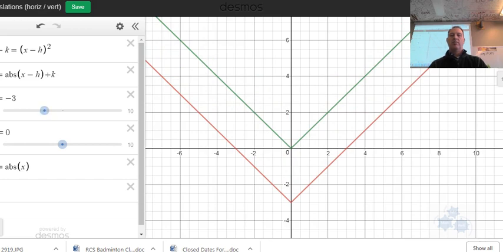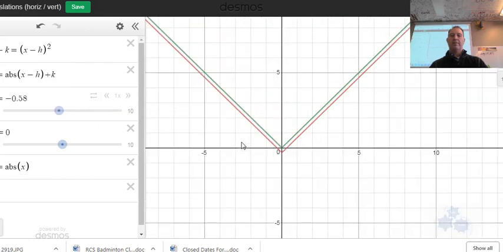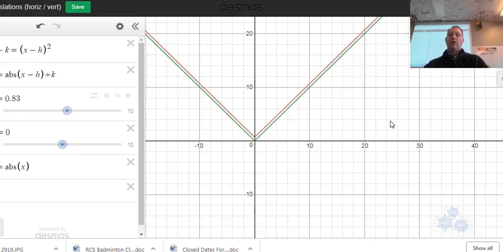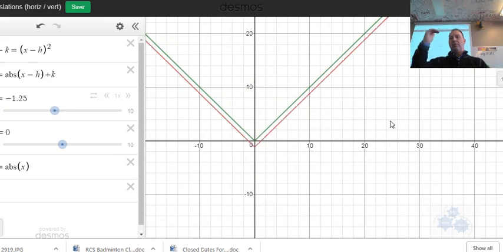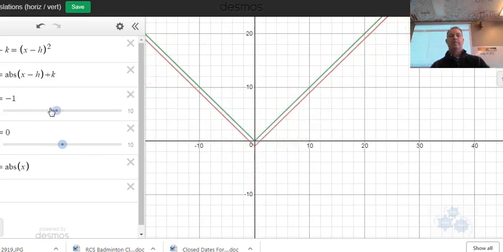So if you play around with this k value over here, as it goes up, so does the graph. Right? You see that? So that k value over there moves the graph. It translates it up and down. Okay? All right, so let's go back to 0 there.